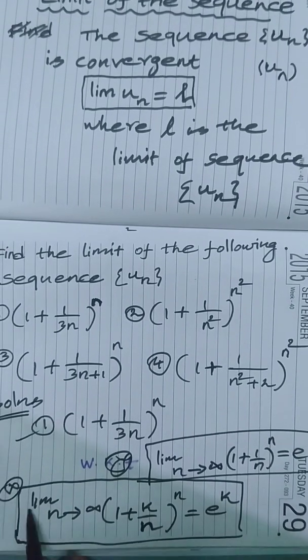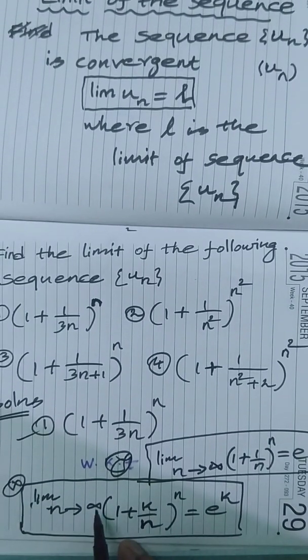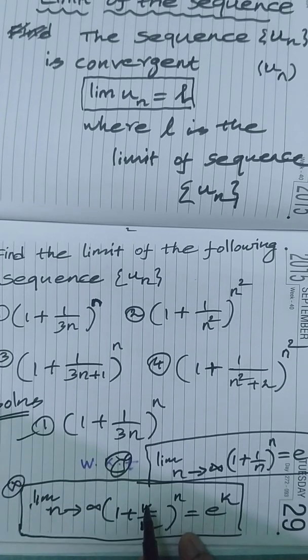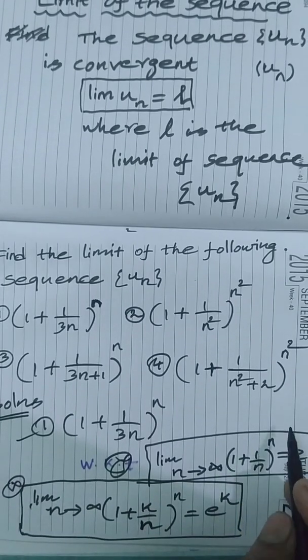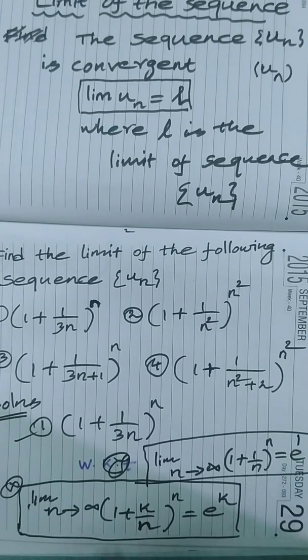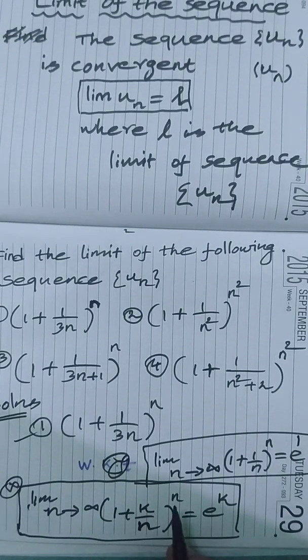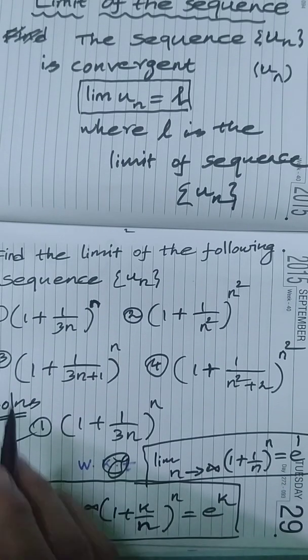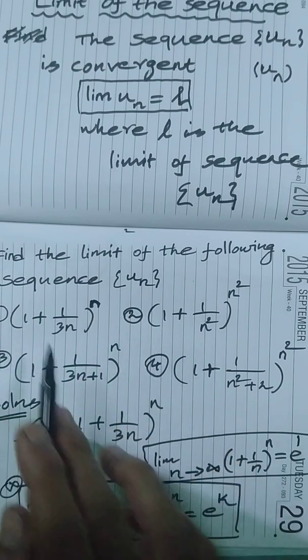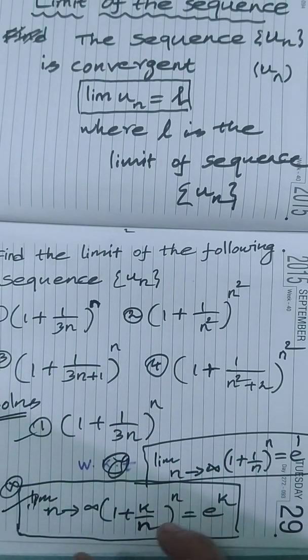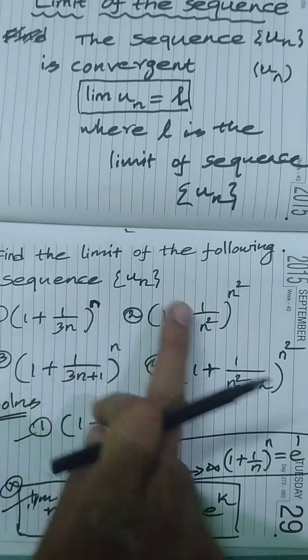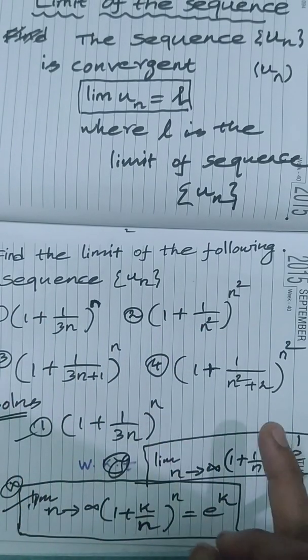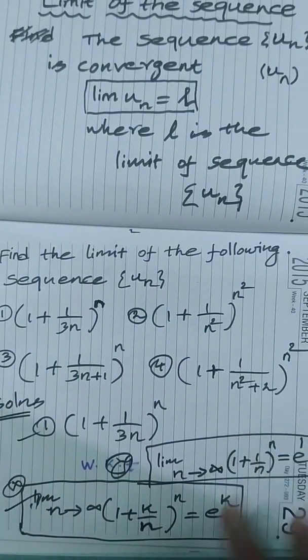In a similar manner, limit n tends to infinity of (1 plus k by n) whole power n is equal to e power k. Among these 4 problems we are going to use only this result. Most competitive exams ask such problems frequently, a frequently asked question.